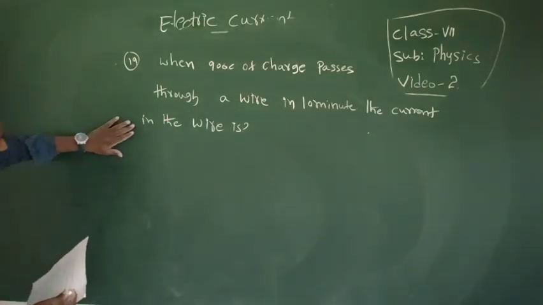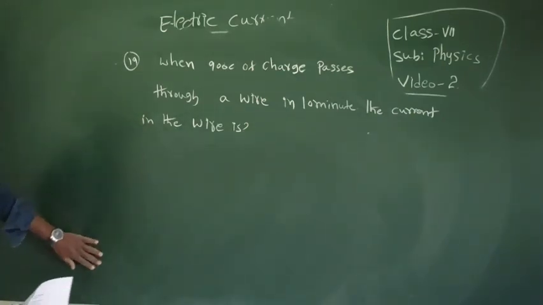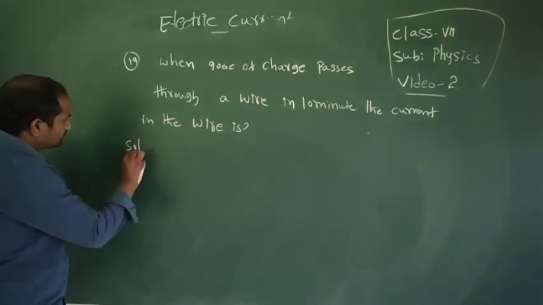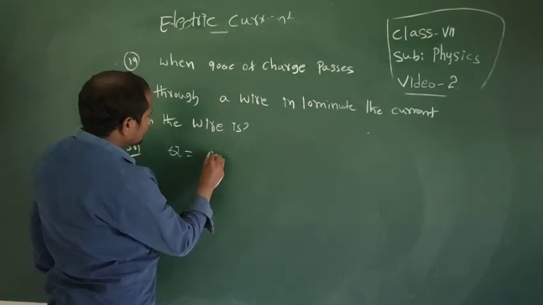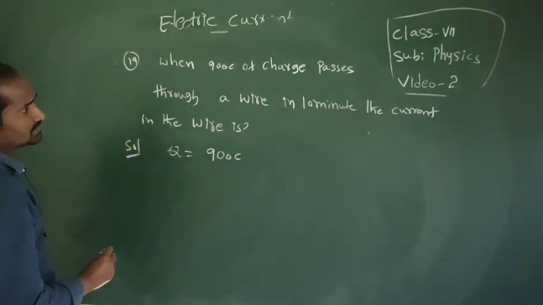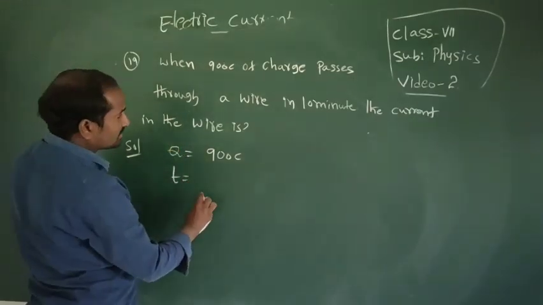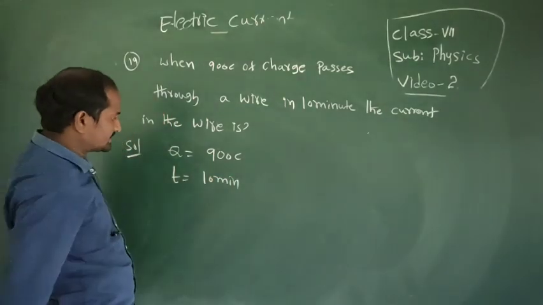Okay, next, what are the given answers here for this question? So charge is given, charge Q equal to 900 C. Next, time equal to 10 minutes.